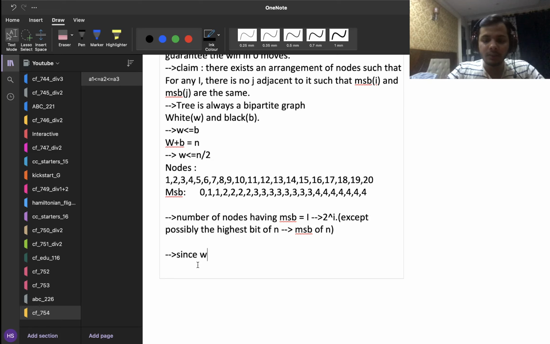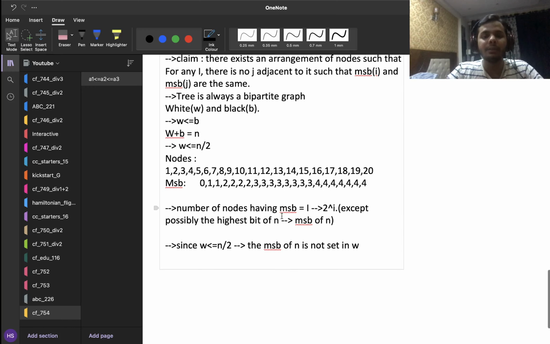Now, since W is less than or equal to n by 2, I know that the MSB of n is not set in W, and that is simply because 2 times W is less than or equal to n, right?